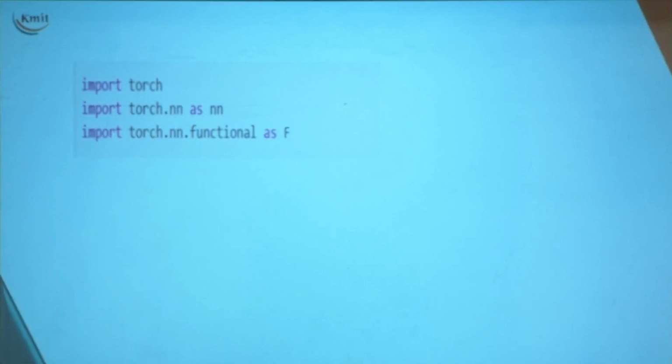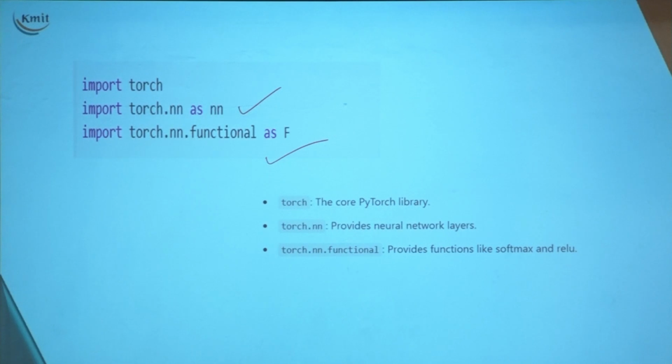Now these are the three libraries that I am importing: torch, torch.nn as nn, and torch.nn.functional as F. So what does torch.nn do? It provides the neural network layers. Am I doing forward propagation, loss calculation, backward propagation, all that? No, because I'm not doing it from scratch, but I'm using the NN module.